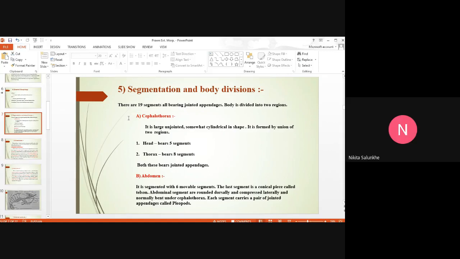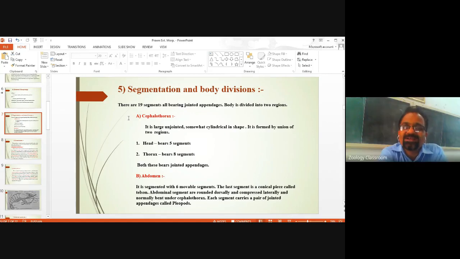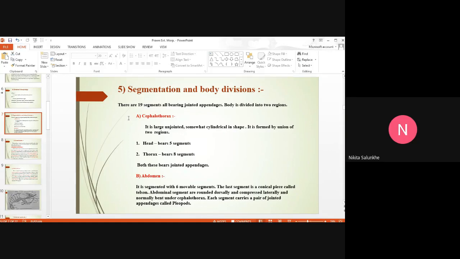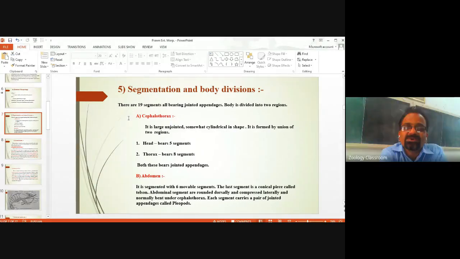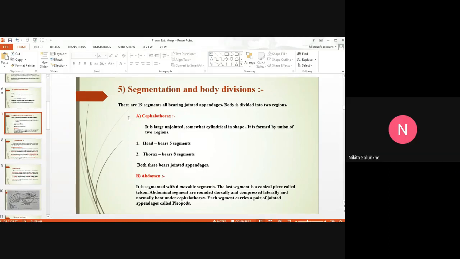Four pairs. Okay, four pairs. Are you sure? No. So how many pairs are there? Or total how many legs are there? Total legs in case of cockroach. Four legs or four pairs.